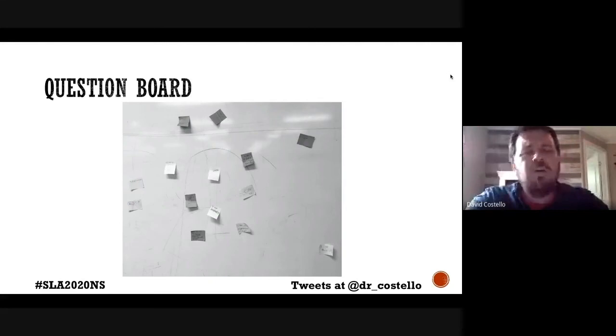I've seen people using Jamboard to do a question board for their group. I've seen people using Google Doc. I've seen people using Google Sheets, just as a way to have a place for questions. Because if we're going to value students as questioners, then we need to have a spot that we want to have visible in the classroom and to work from that.